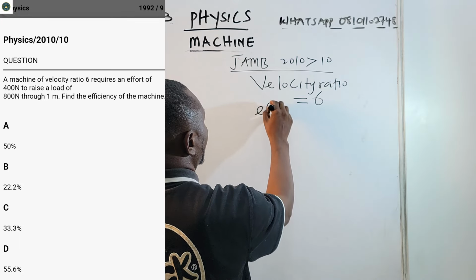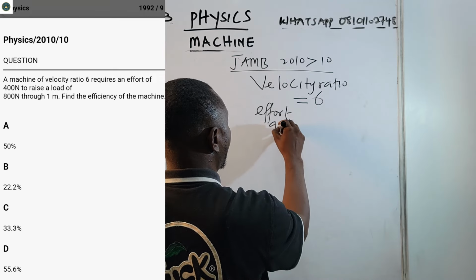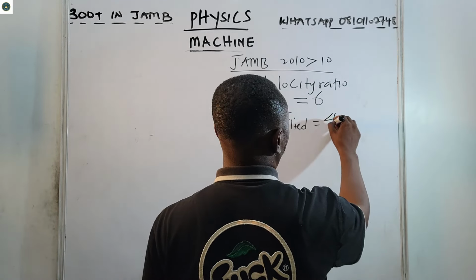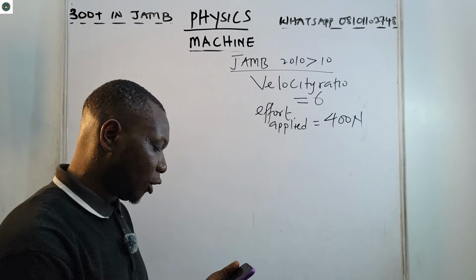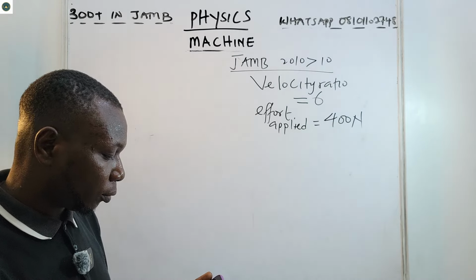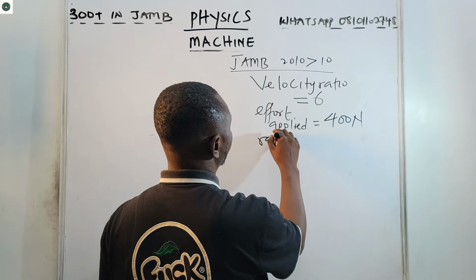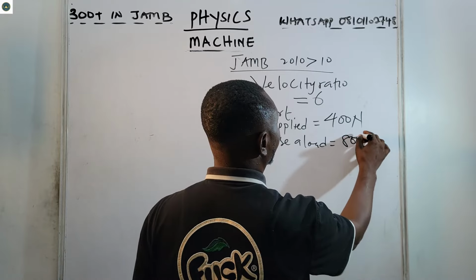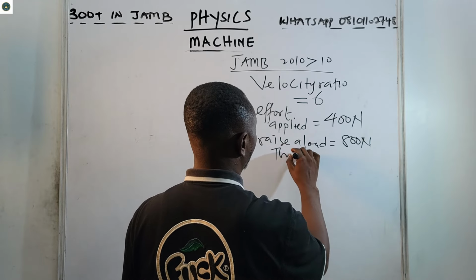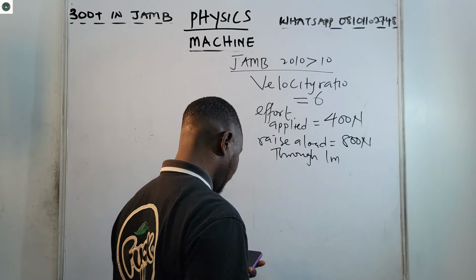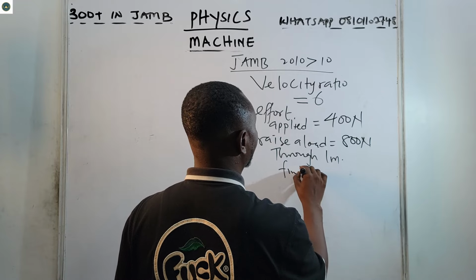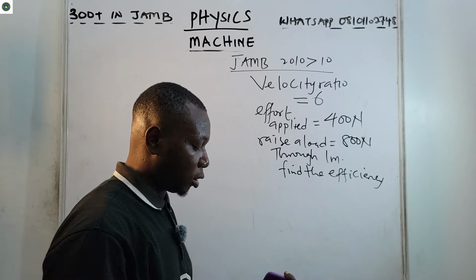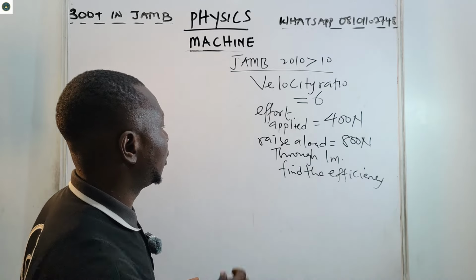So we have an effort applied of 400 Newton to raise a load of 800 Newton through 1 meter. So we have to find the efficiency.